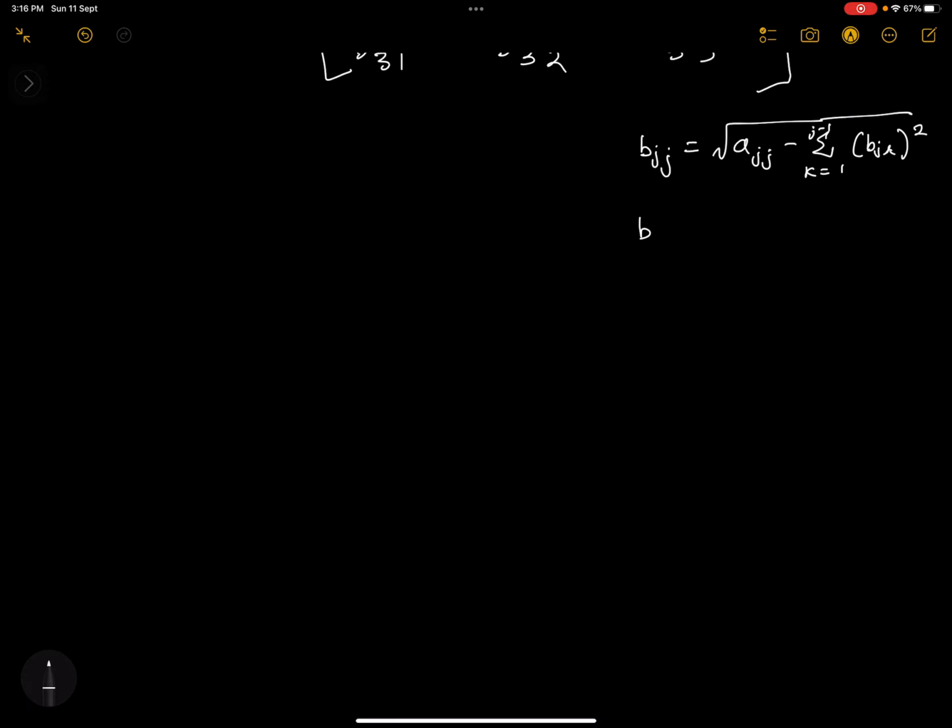And for elements off the diagonal, we can write it as 1 divided by Bjj times Aij minus the summation k equals 1 to j minus 1 of Bik into Bjk, and this is for i greater than j.